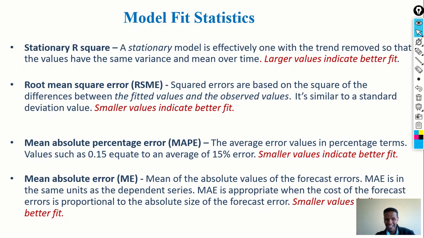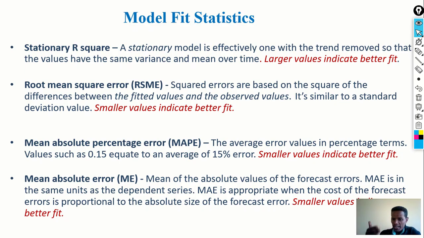It is similar to a standard deviation value. Smaller values of this root mean square error indicate a better model fitness. The lower the root mean square error, the better the model. Another criterion is the mean absolute percentage error, abbreviated as MAPE.